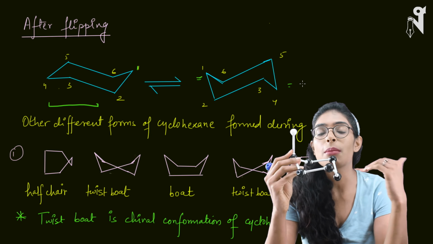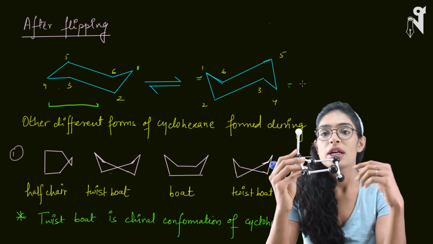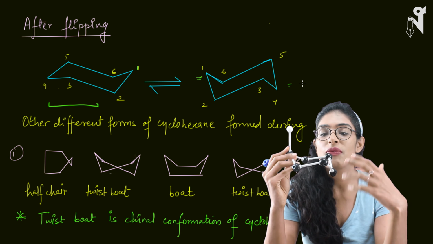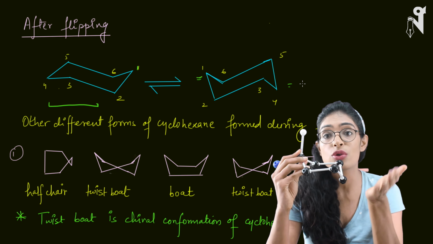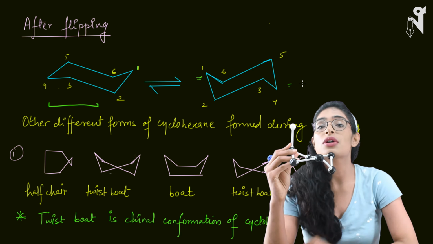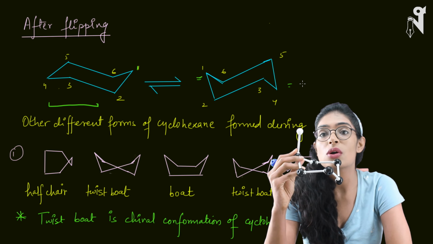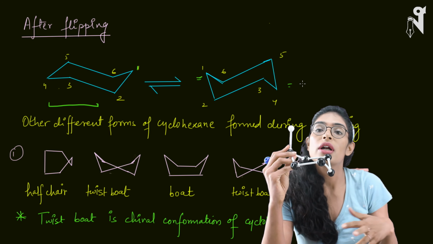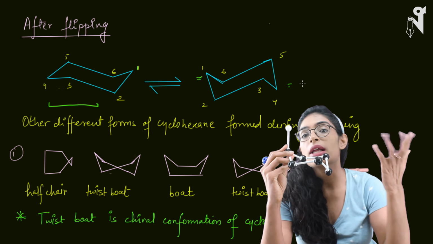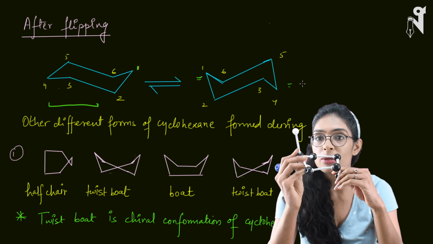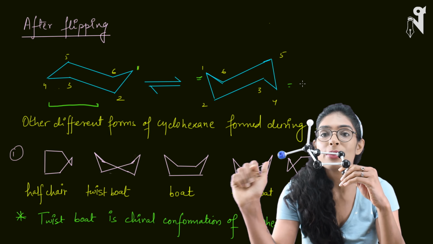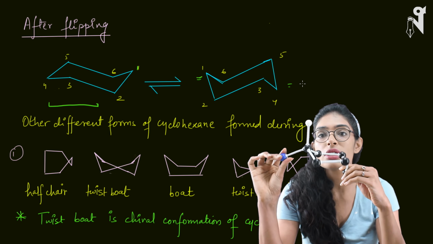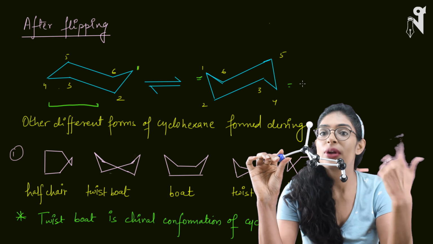So there are multiple forms when the conversion is happening from chair to flip chair, and those forms are important to know the stability of the molecule. There are a few which are chiral, and a few which are highly unstable, so we will be talking about them. There are multiple transitions happening before it reaches from this state to the other state, the flip chair state.